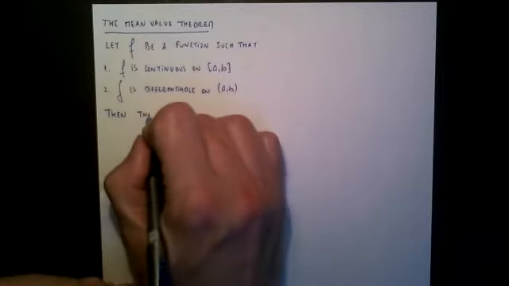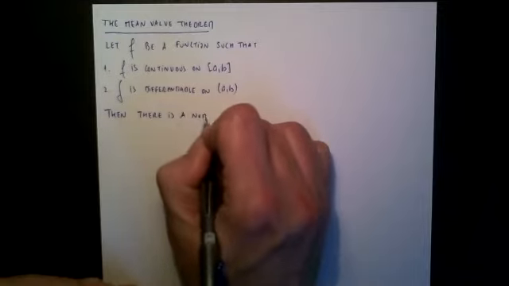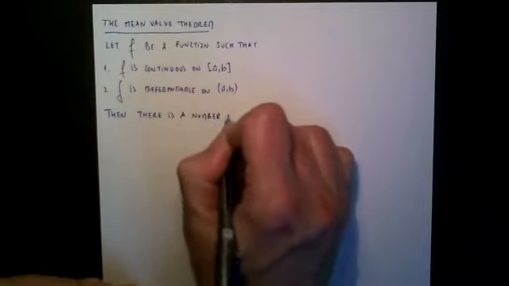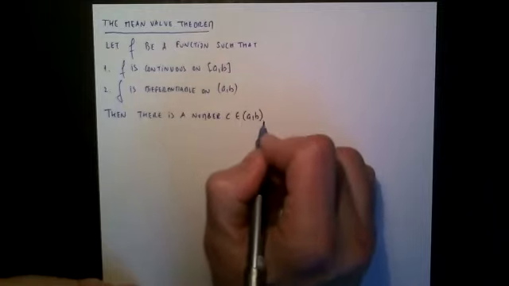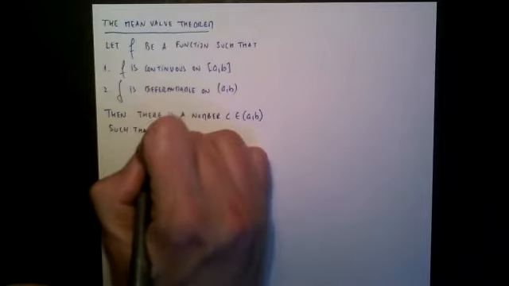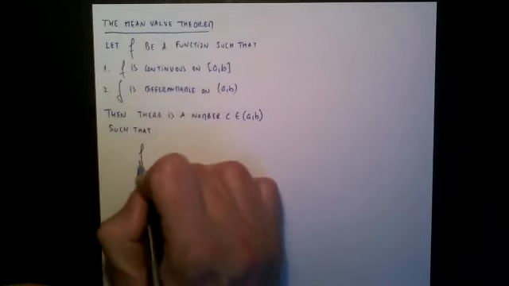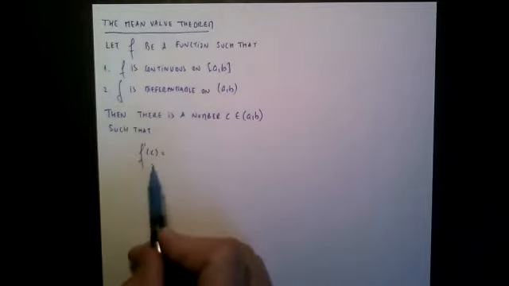there is a number C in interval AB such that f prime of C, okay, so in Rolle's theorem it was 0.